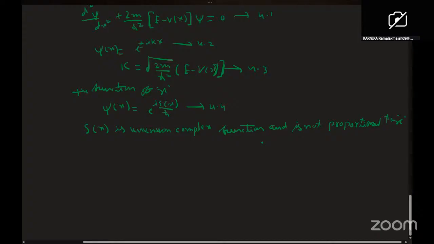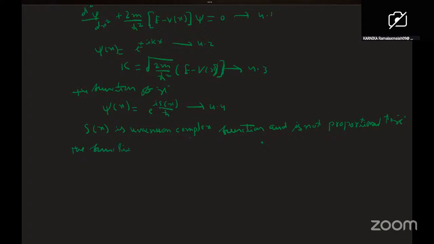The function S of x is complex, and we determine it from the Schrodinger equation.